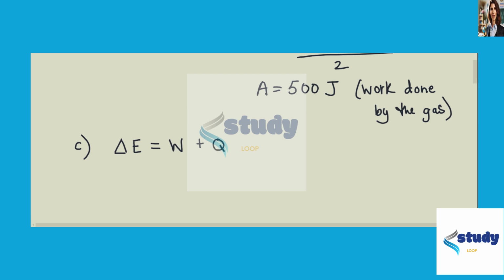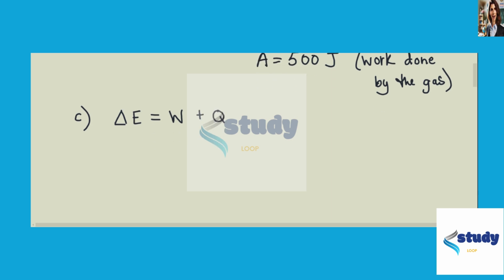So any changes in the internal energy of the gas are composed of the work as well as heat either entering or leaving the system. In order to calculate what Q has to be in this system, we already know work, so we're going to have to figure out what the change in internal energy is.